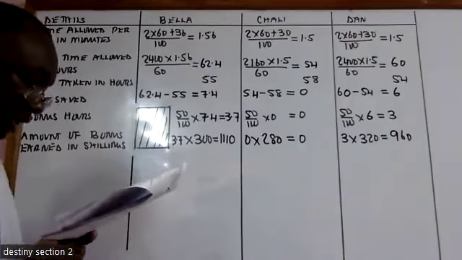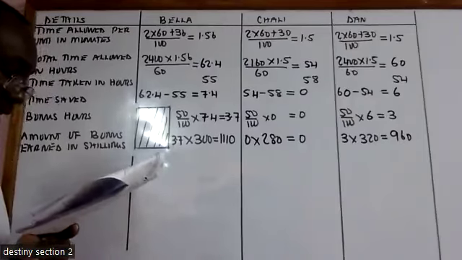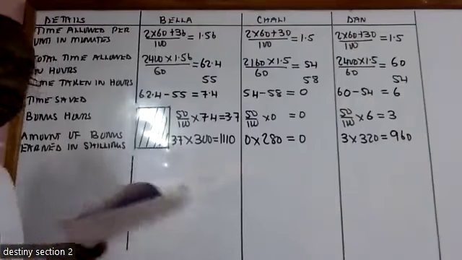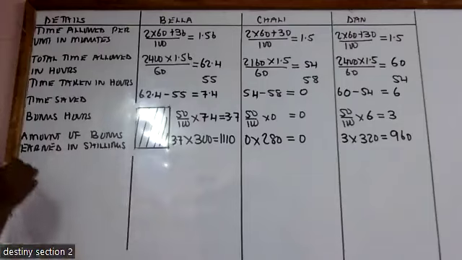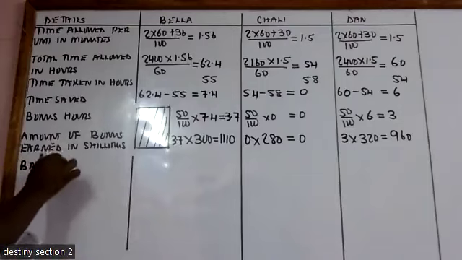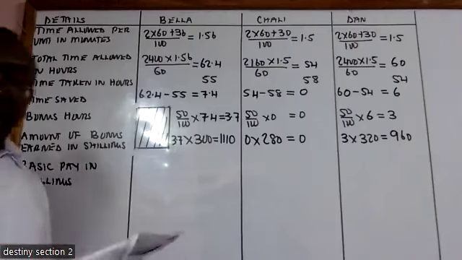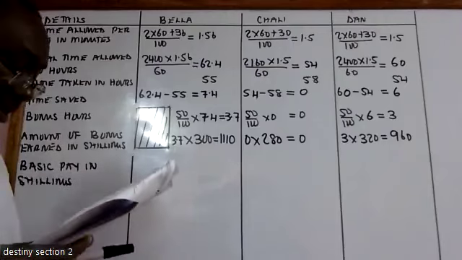Labor cost for each good unit. So let's now compute the basic pay, in shillings. What does the question say about the basic pay?